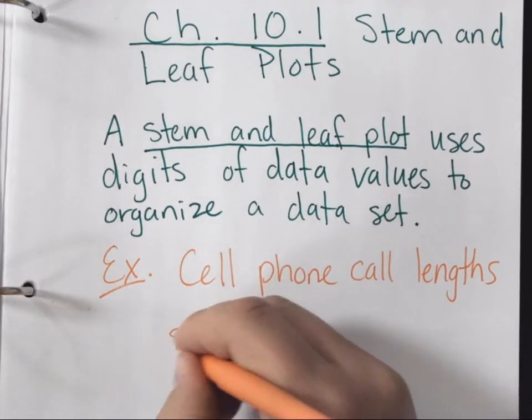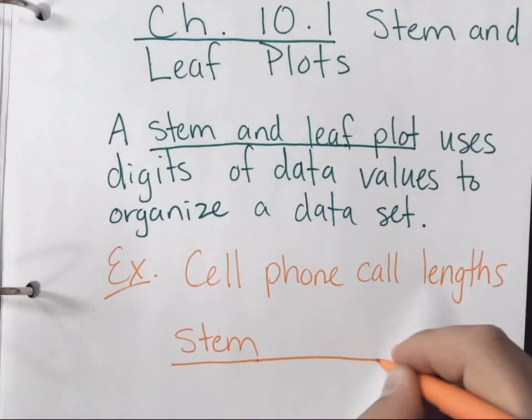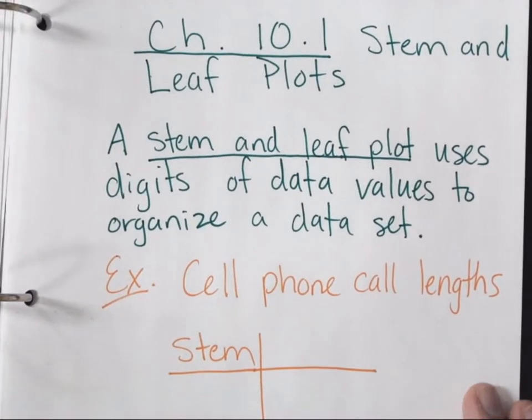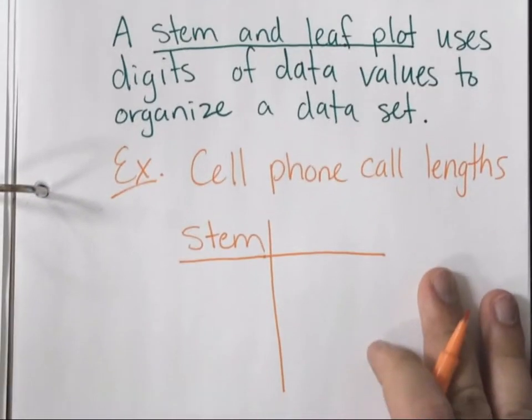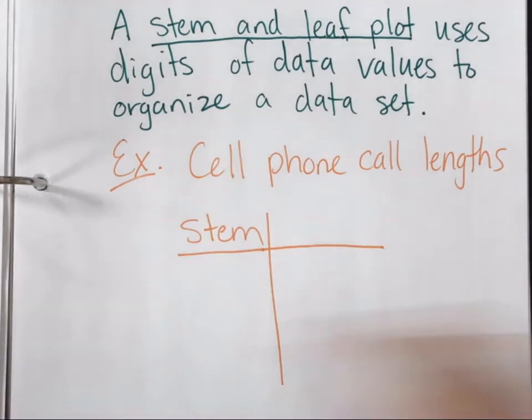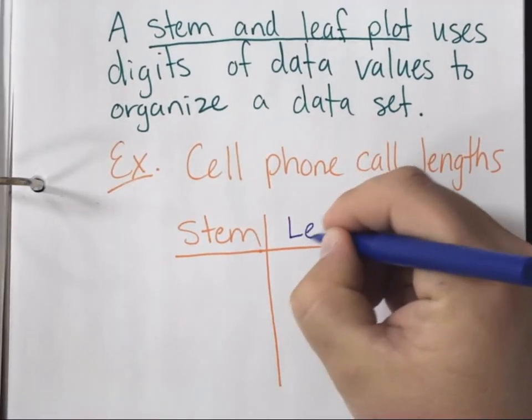So we're going to say here is the stem. We're going to make kind of a T-chart. Stem and leaf plots are very similar to a T-chart. Over here on the other side, in another color, we have our leaf.